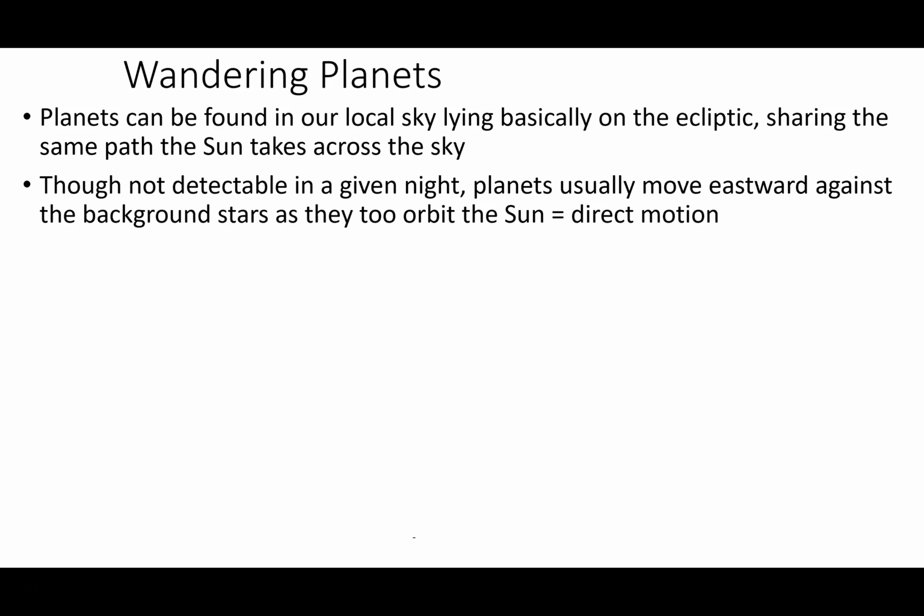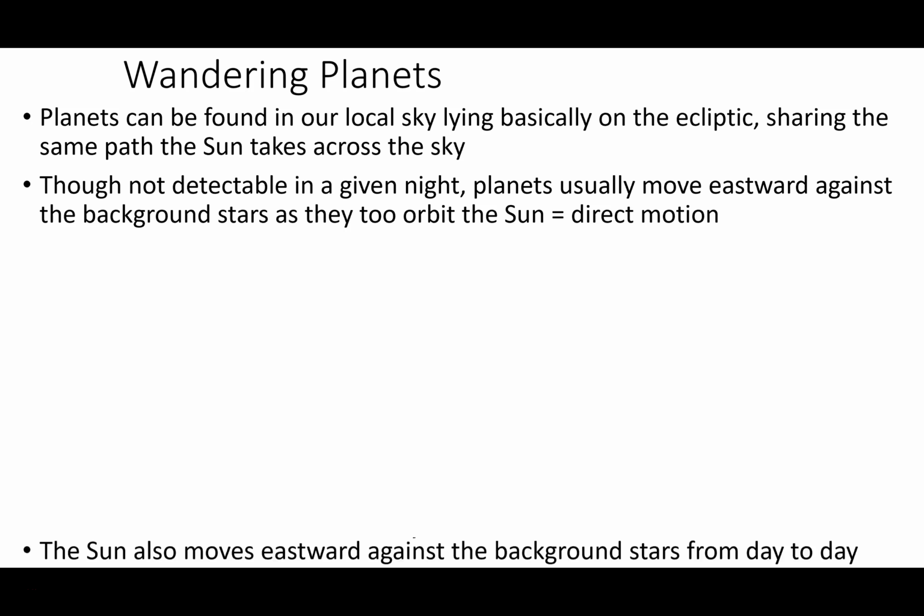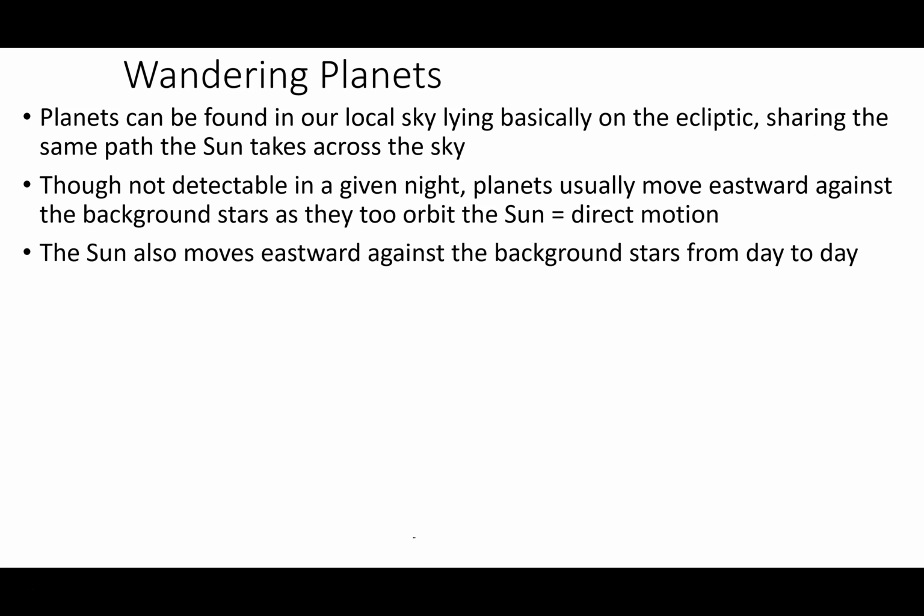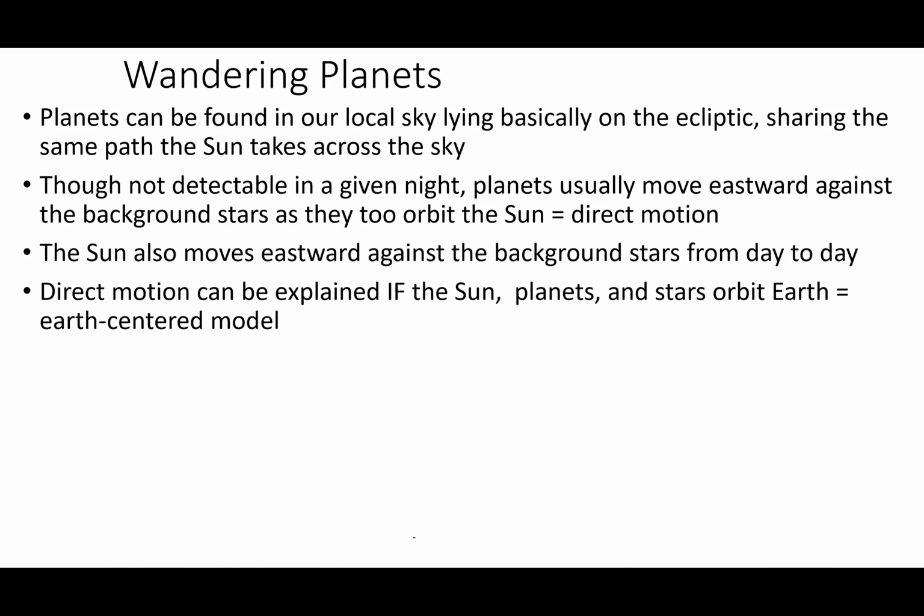Then we have Jupiter, Saturn, Mars. They're all up there, which is unusual. Kind of a feast of planets. Those planets will move against the background stars, and they will move eastward, and that's what we call direct motion. They will stop then and appear to go backwards.